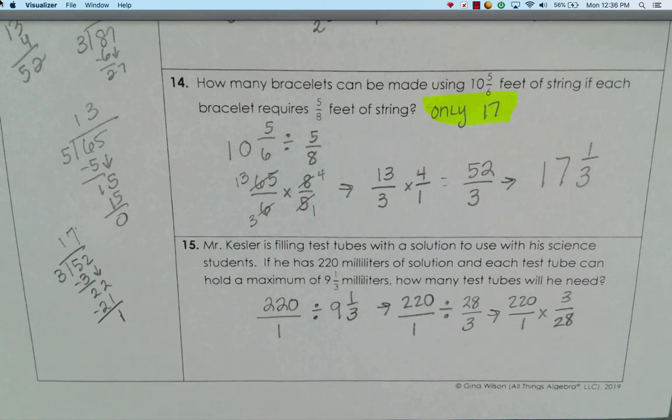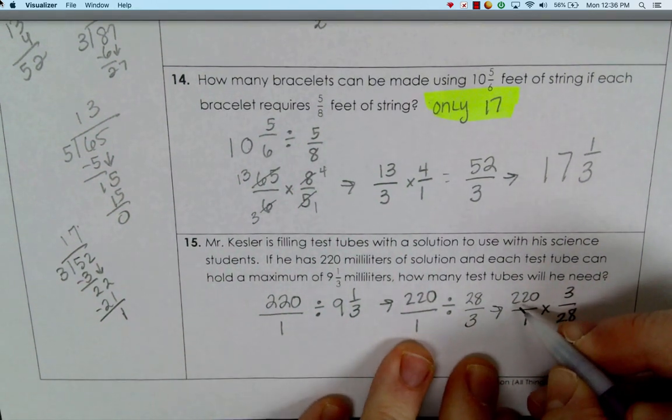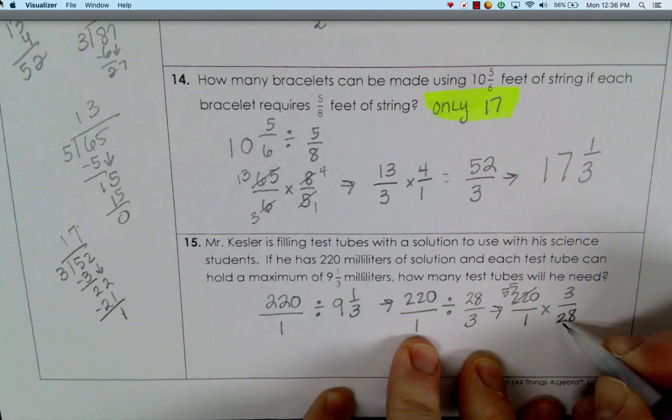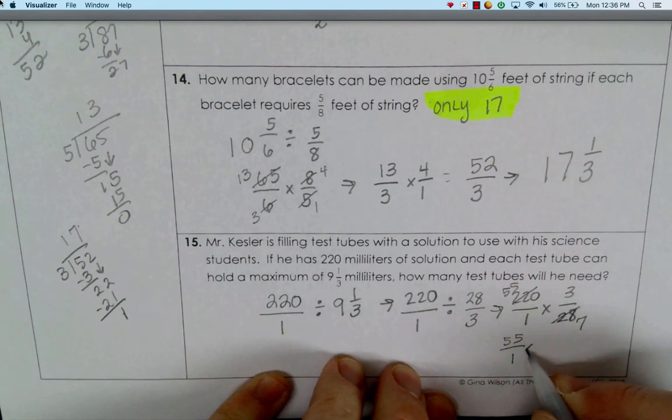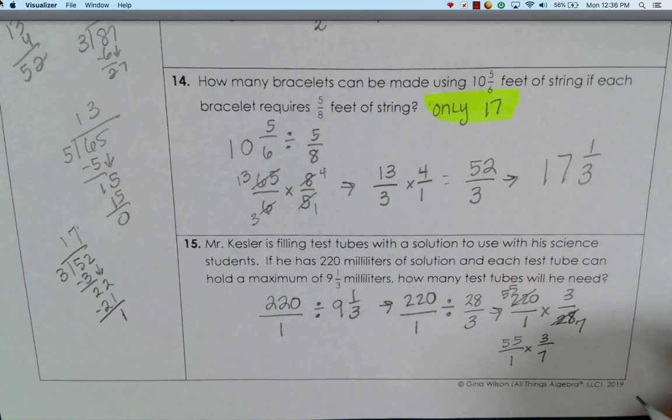No. No. Divide by 4. So that gives us 55. That gives us 7. So now I have 55 over 1 times 3 over 7. That's more doable.